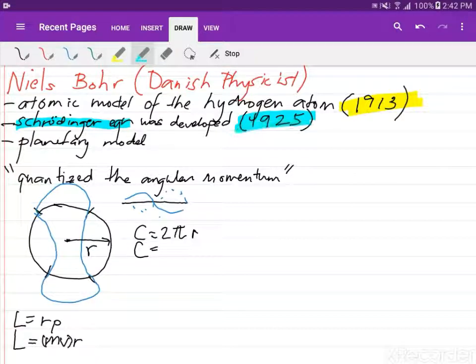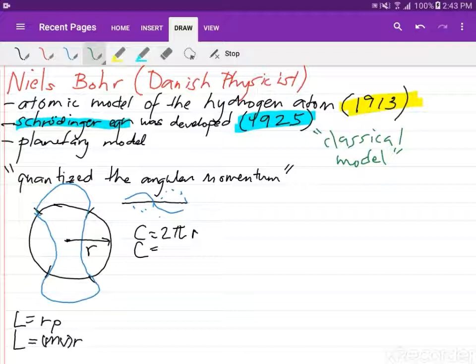So his atomic model of the hydrogen atom uses or is limited to classical mechanics. So he is developing a classical atomic model for the hydrogen atom.